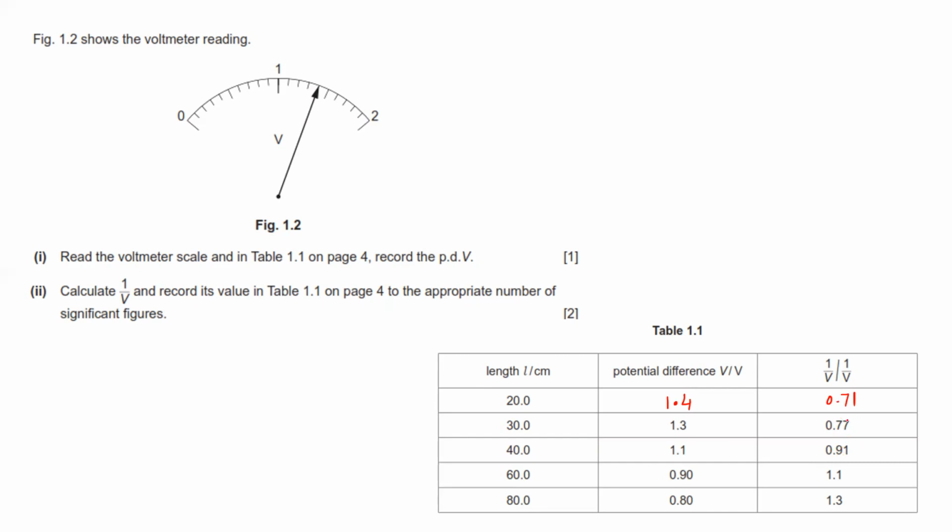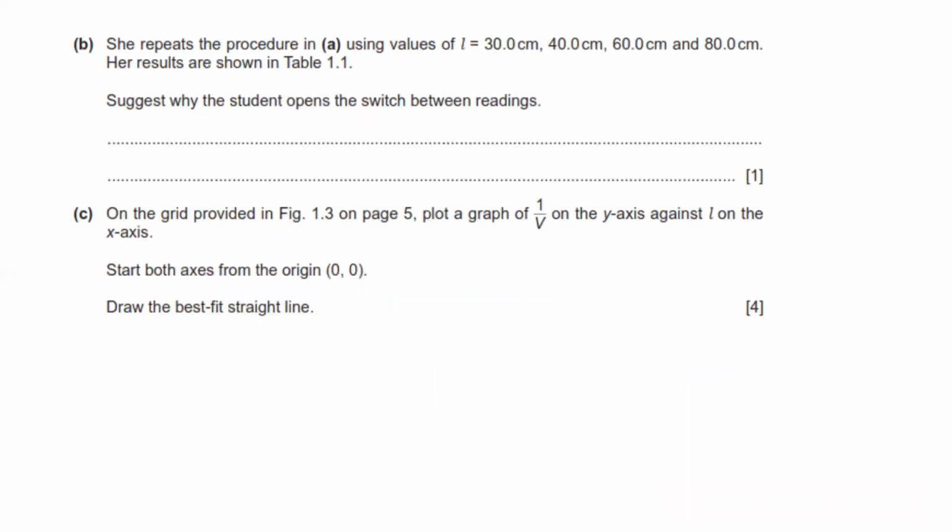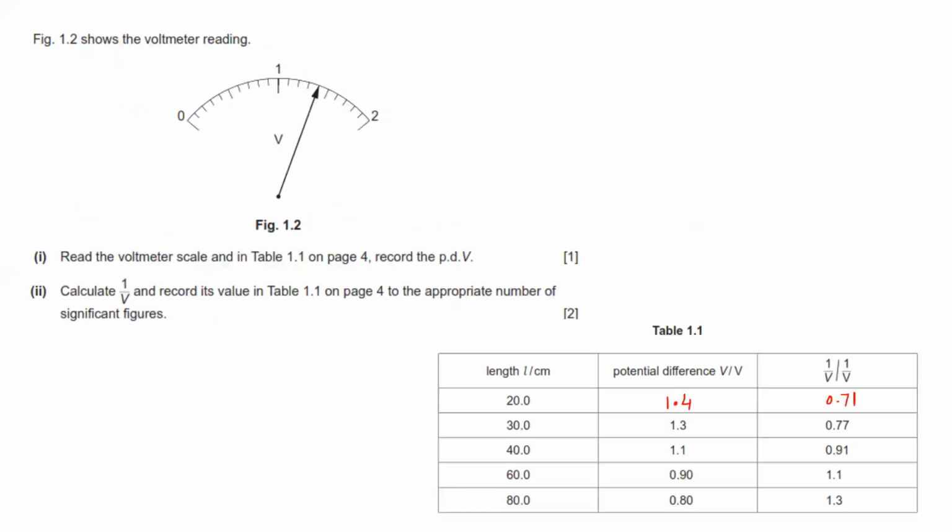So we'll use the same convention which the examiners are using. Then part B, she repeats the procedure in A using lengths L equals 30, 40, 60, and 80 centimeters. Her results are shown in table 1.1. So these are the results she has measured.